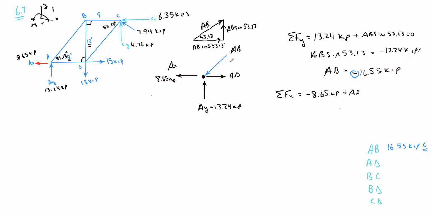In the corrected version, the x component of AB will be negative, so minus 16.55 cosine 53.13 is equal to 0.